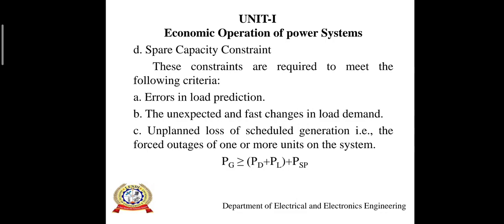So it should not happen, so we maintain the spare capacity constraint, that is Pg greater than or equal to Pd plus PL plus PSP, where Pg is the total real power generation, Pd plus PL is the total load demand and system loss, and PSP is the specified minimum spare power.